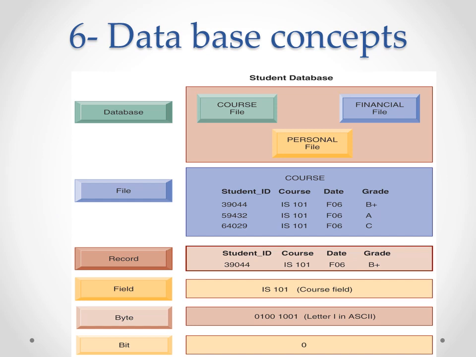Database concepts. A computer system organizes data in a hierarchy that starts with bits and bytes, which are shown here at the bottom of this diagram, and proceeds to fields, records, files, and databases. A bit represents the smallest unit of data a computer can handle, which is usually represented in the form of zeros and ones.